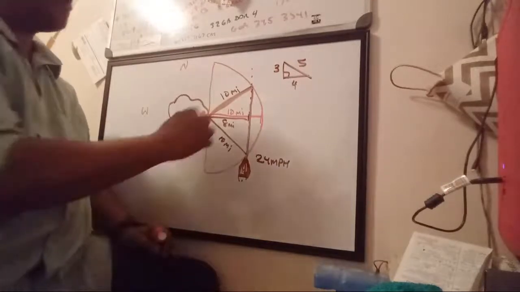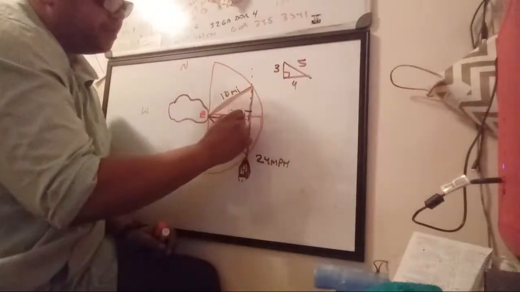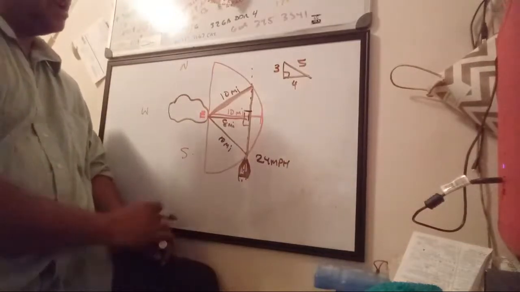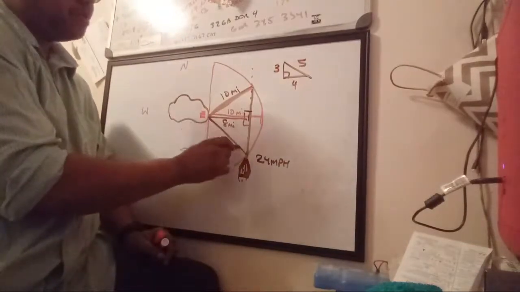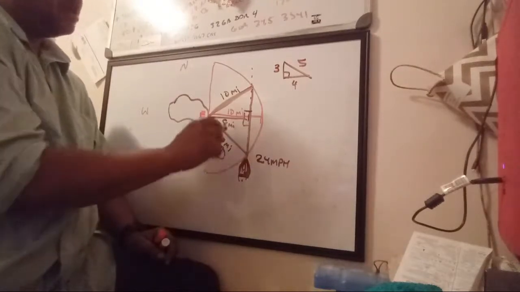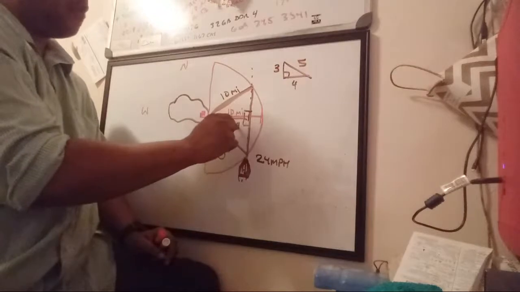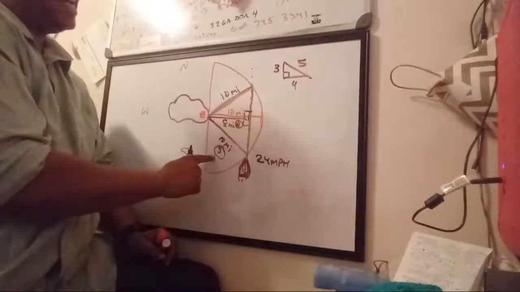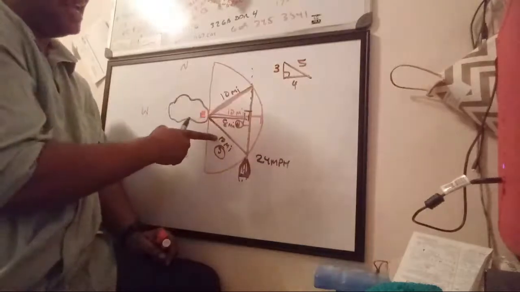We have 2 right triangles back to back, don't we? Okay, this is the hypotenuse. This will be the 5. This is a leg. This will be the 4, because 5 times 2 is 10, and 4 times 2 is 8.